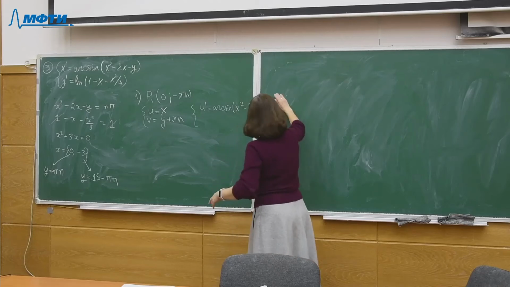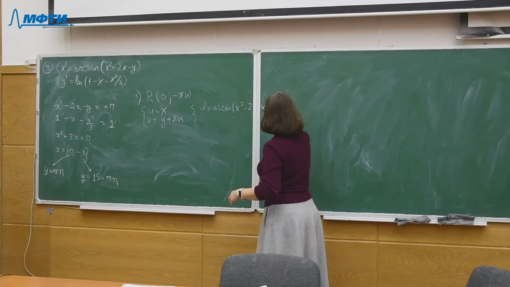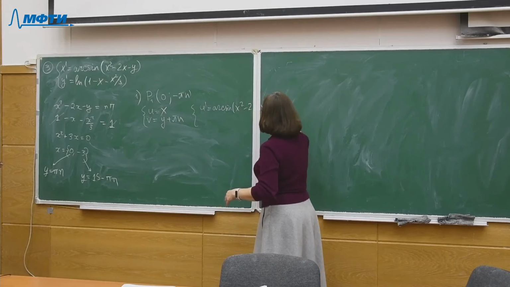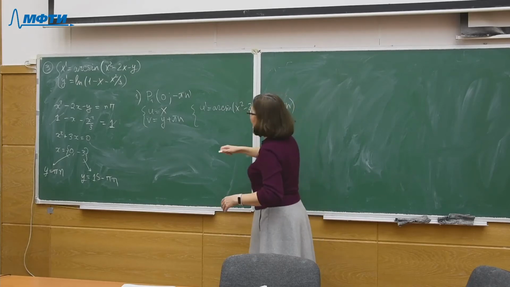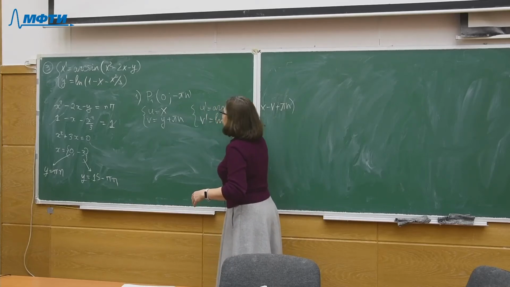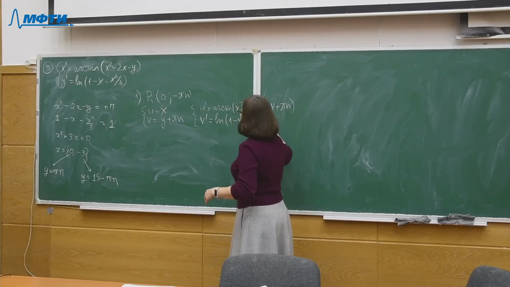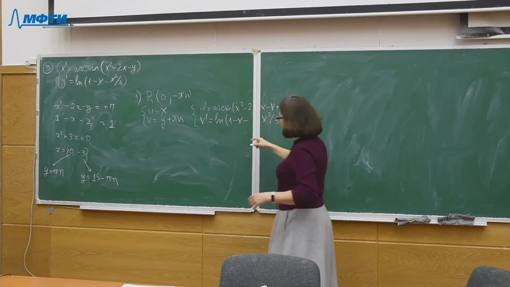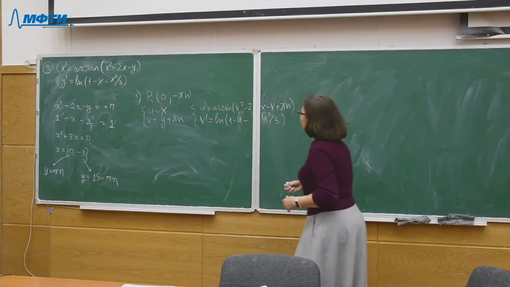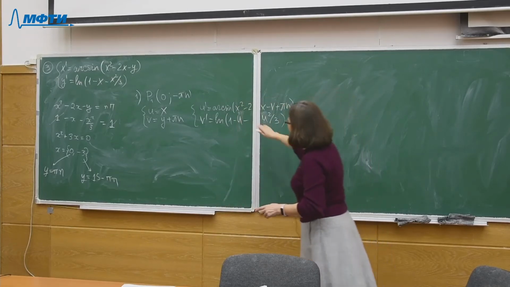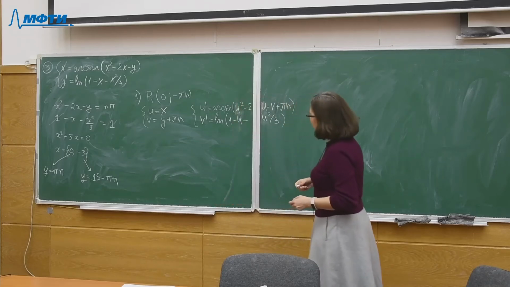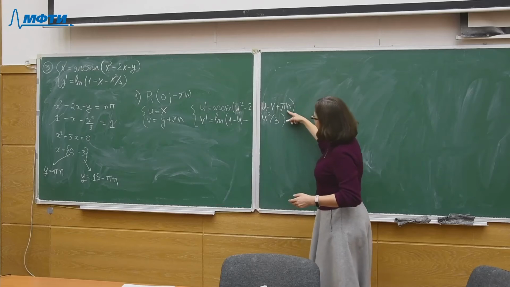So it is not minus, and the second will be v prime equals ln of 1 minus x minus x squared over 3 u. It will be u. Am I right? Yes. And u and v.